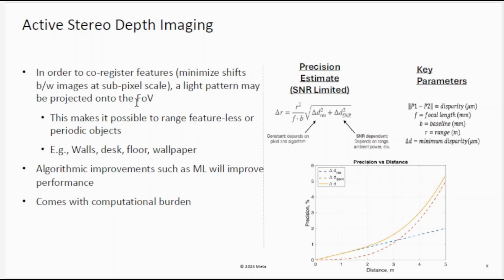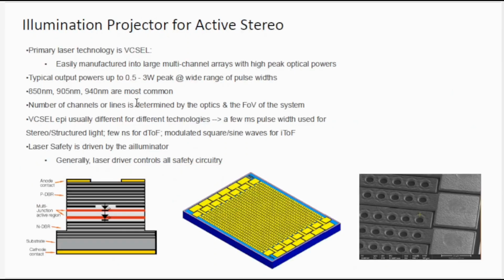And then there is a dependency on the SNR itself, which degrades with distance. So fundamentally, even with an active stereo system, you are still limited as far as how much range you can get from that system unless you start blowing up the TX power. I think I summarized this on the next slide.